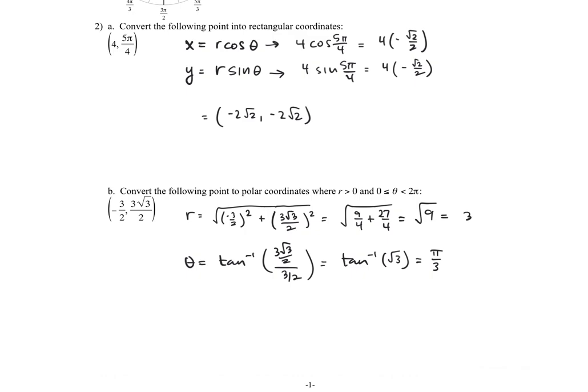So pi thirds in quadrant 2, or the reference angle rather. If pi thirds is the reference angle, then that gives us an angle of 2 pi thirds. So the point in polar coordinates is 3, comma, 2 pi thirds.